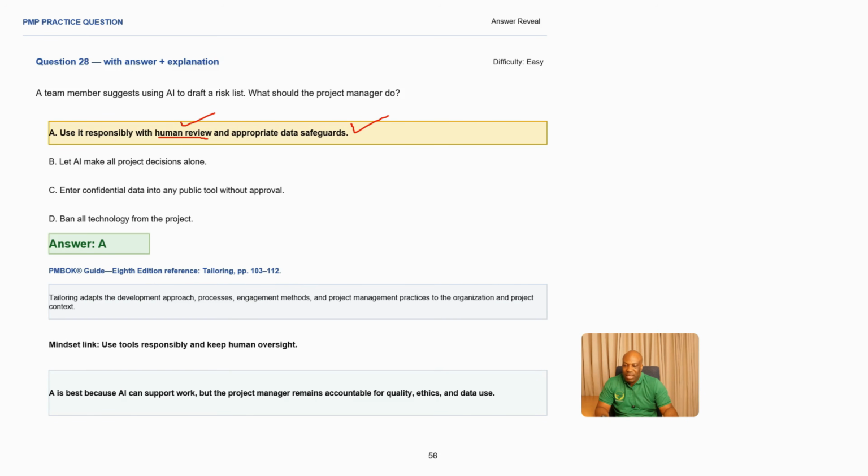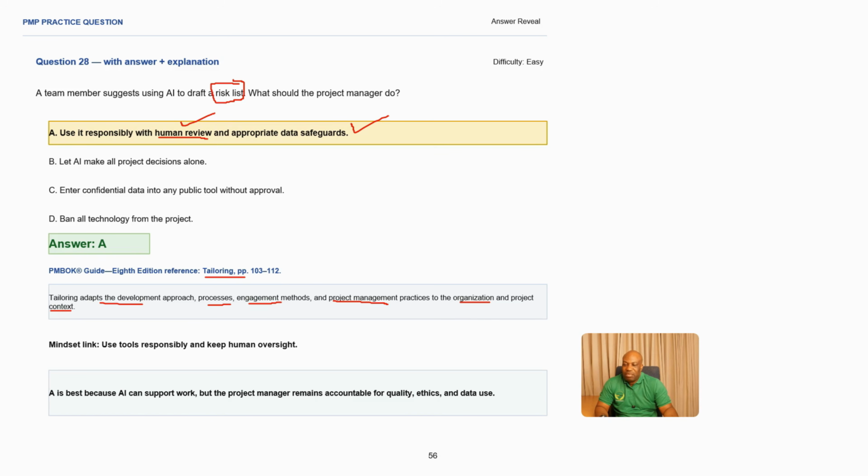So what is our reference in our PM book? It's our tailoring. What does it say? Tailoring adapts development approach, processes, engagement, and methods, project management practice to organization and also project context. This is very important. Even if AI is going to give you the risk list first, you still need to make sure that it's also tailored to the context of the project.